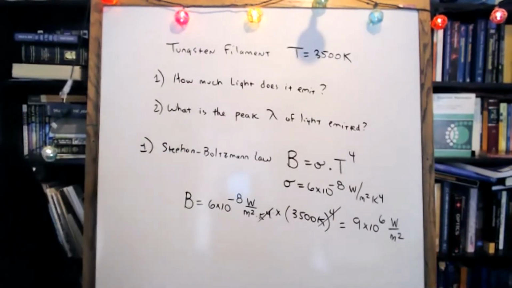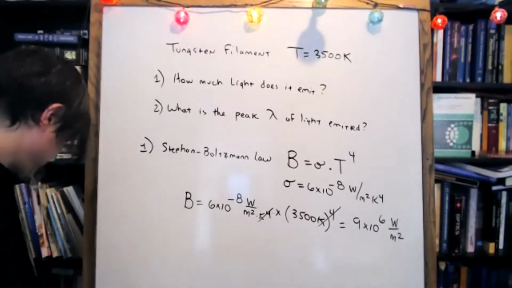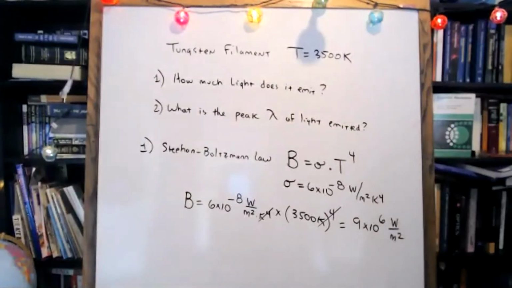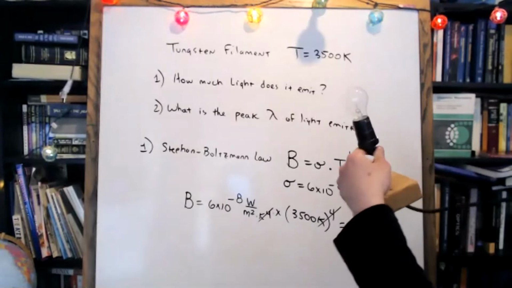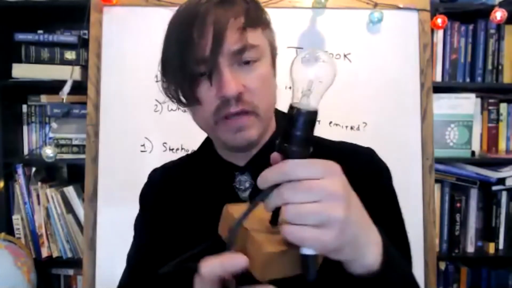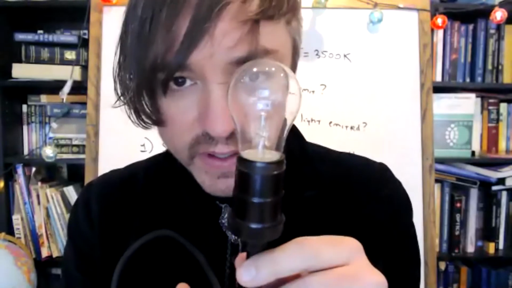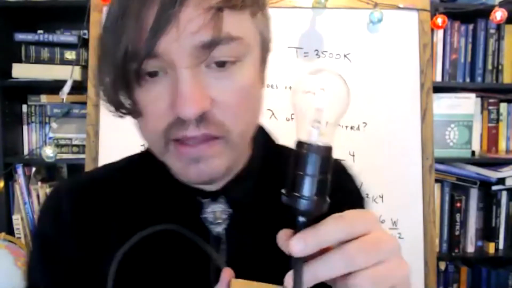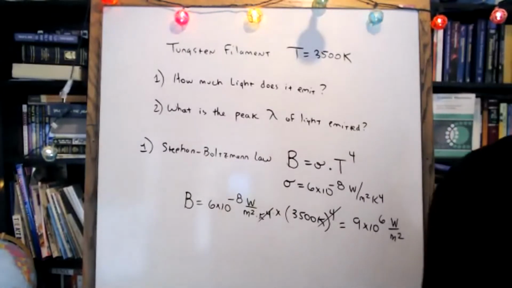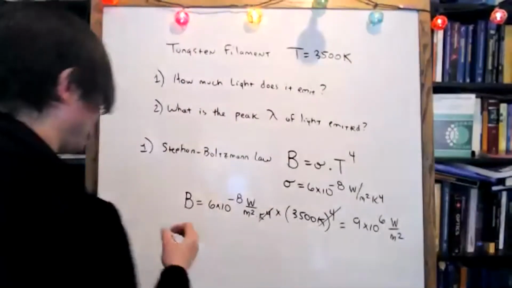If you look at my light bulb here, this is an appliance bulb. You replace your stove or your refrigerator light with this. This light bulb has a luminosity of 40 watts. I have a riddle for you guys.